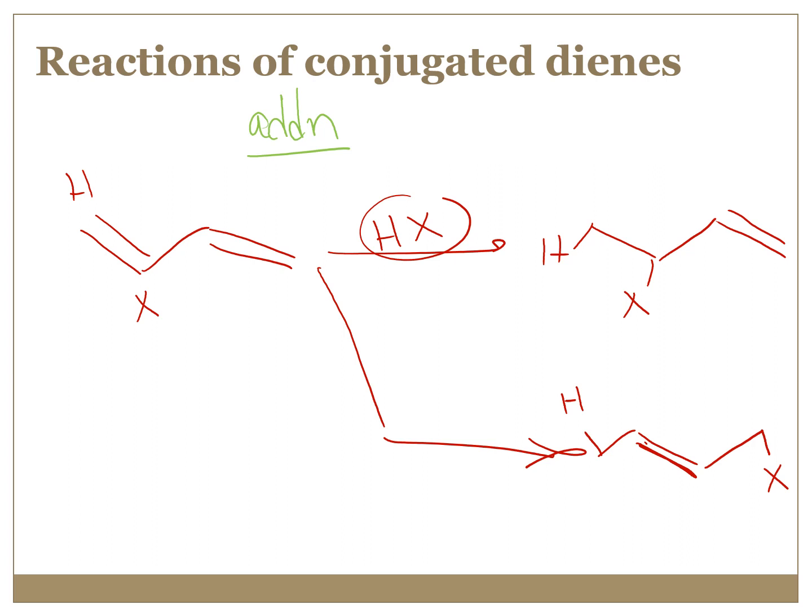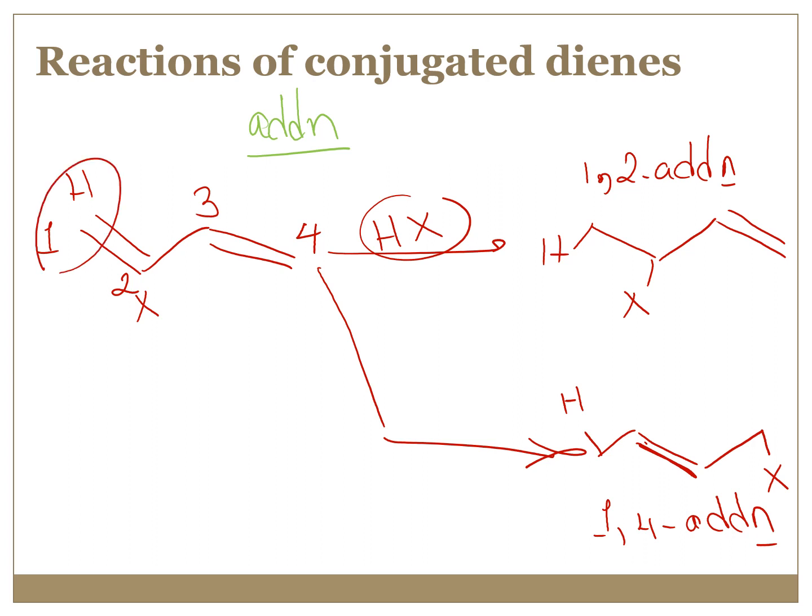So what you did in the first product is the 1,2 addition, where you added both atoms of the molecule to carbon number 1 and carbon number 2. While in the second product, you have performed a 1,4 addition, where you added your atoms to carbon number 1 and carbon number 4. How is that done?